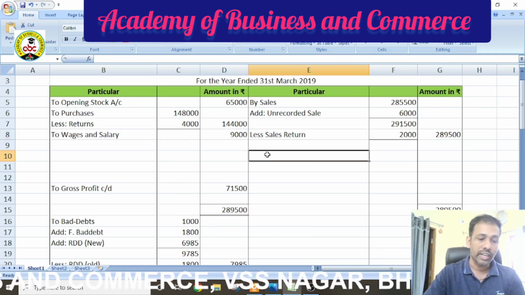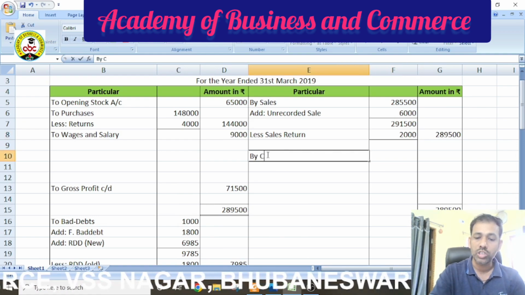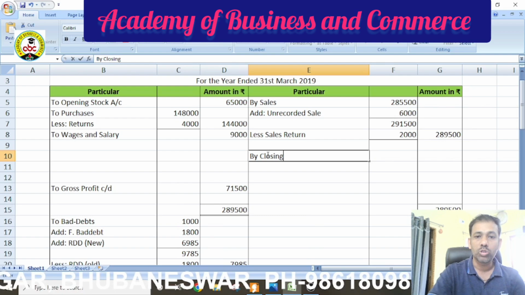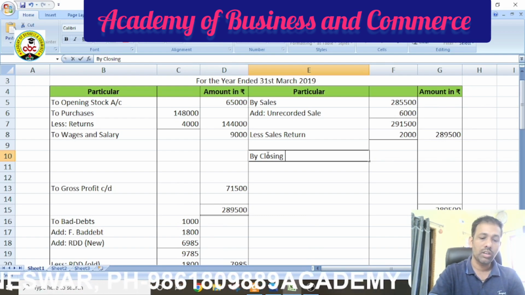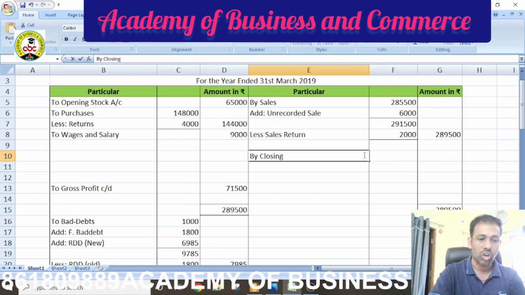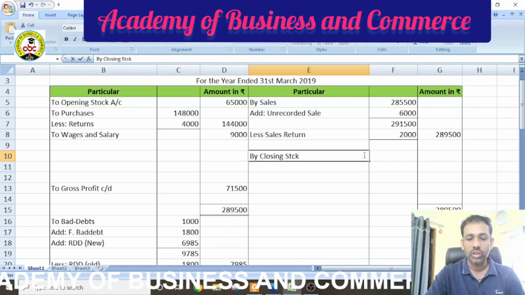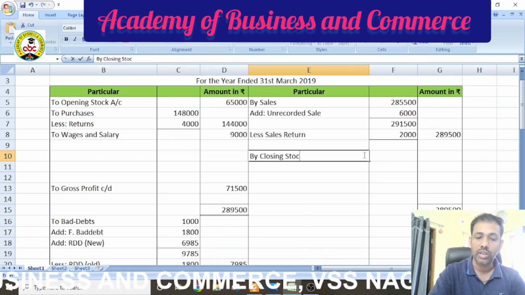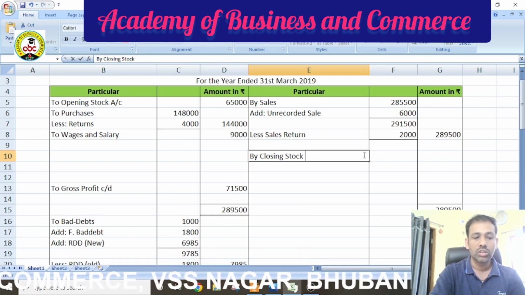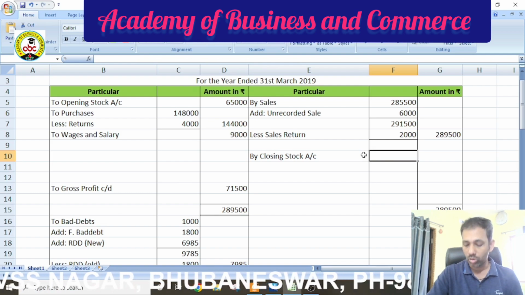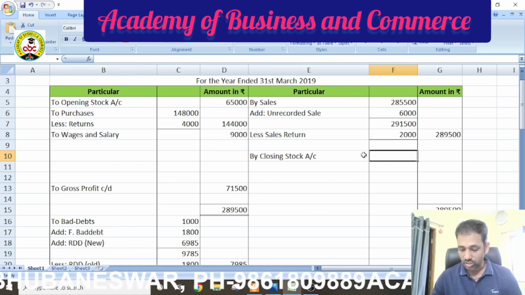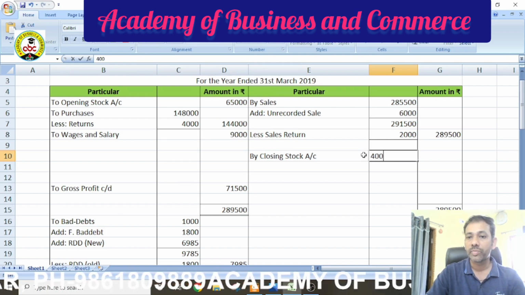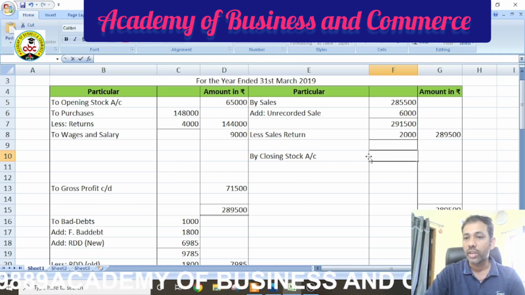Then on the trading side, you have to take By Closing Stock. Closing stock is given outside the trial balance, so it is also taken twice. The amount of closing stock is given in adjustment number 1, closing stock 40,000. So you have to take it twice.